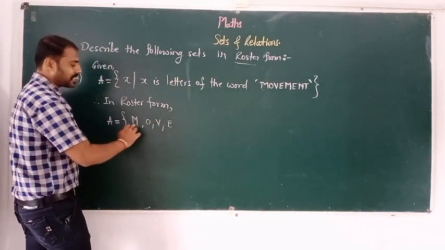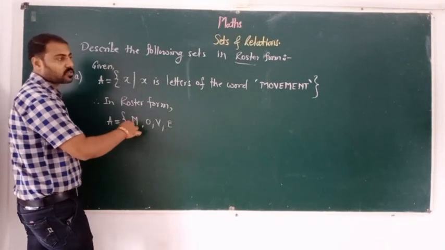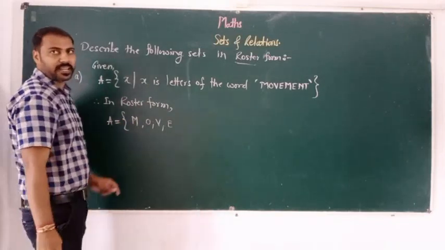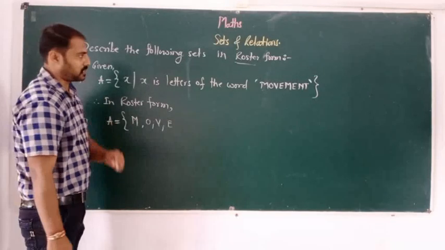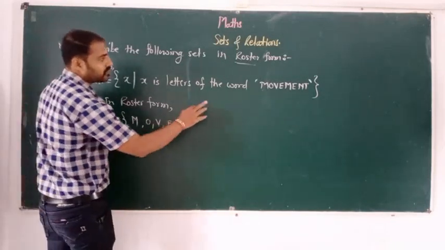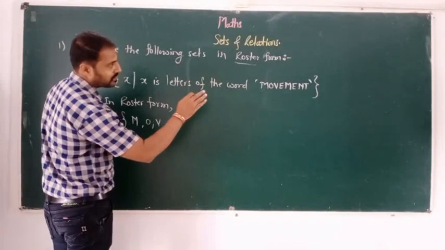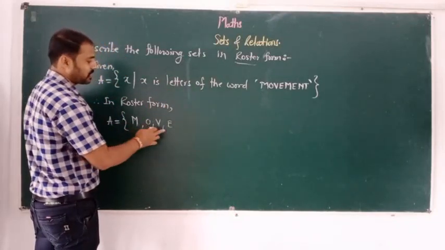Since M is already written here, don't write it again. If any element of the set is repeated, then write it only once. So the fifth letter is not written again. E is also already written here.